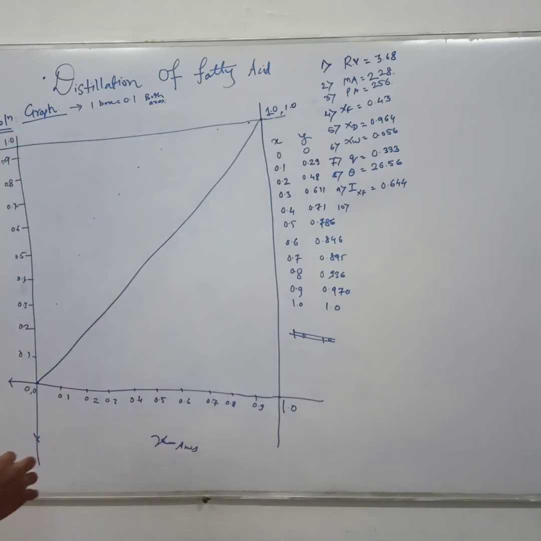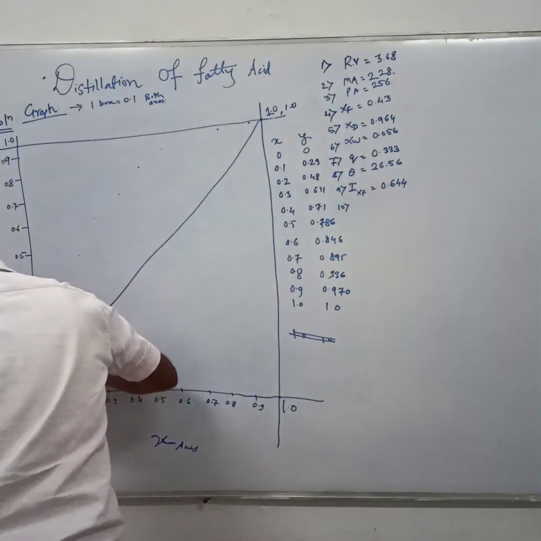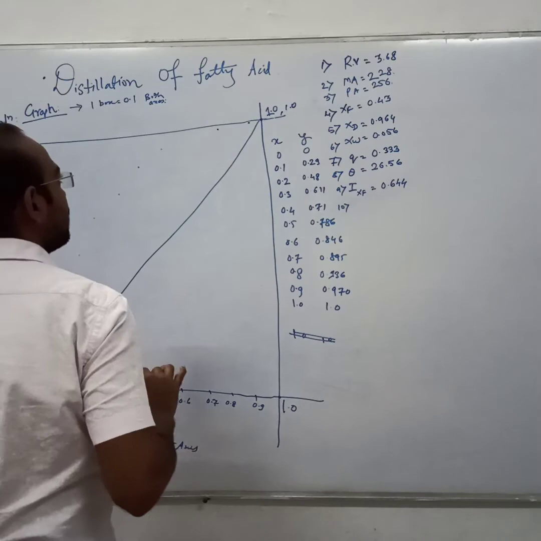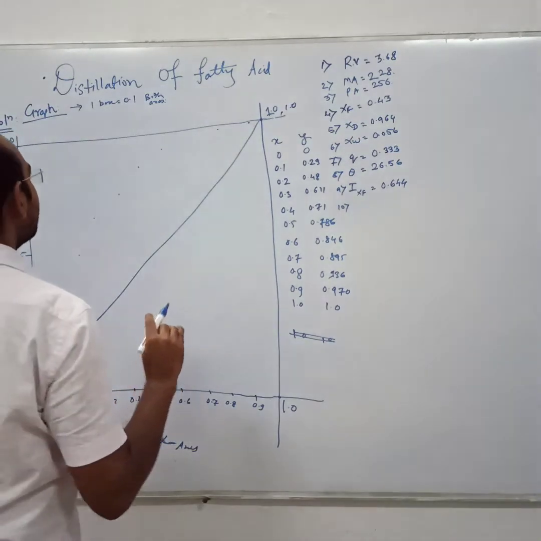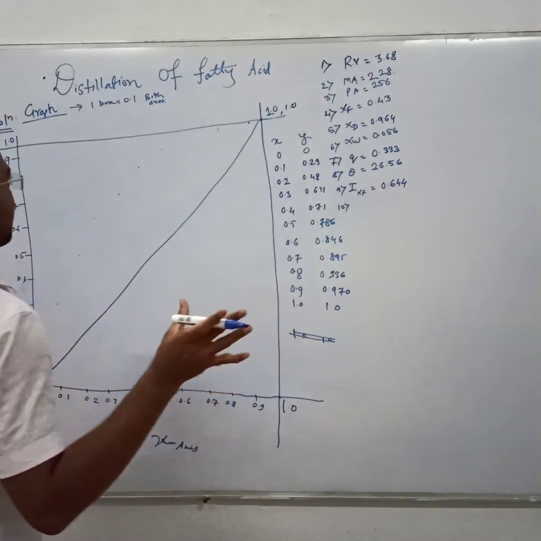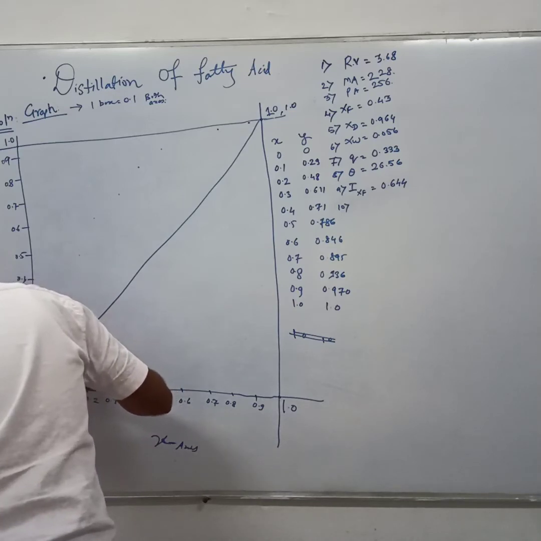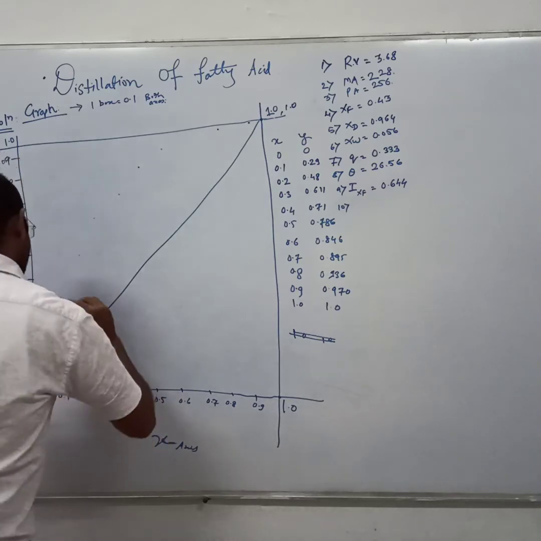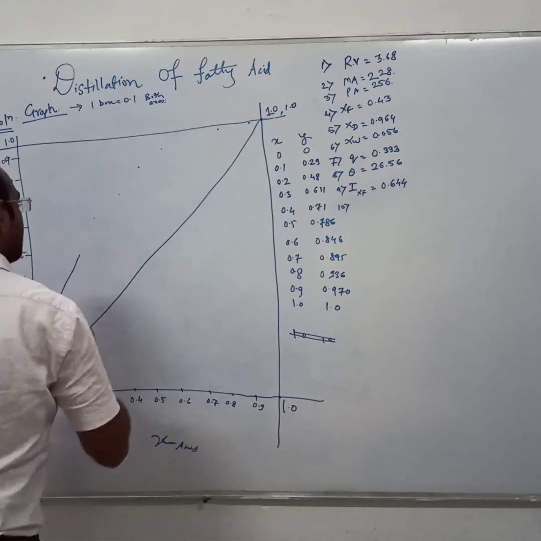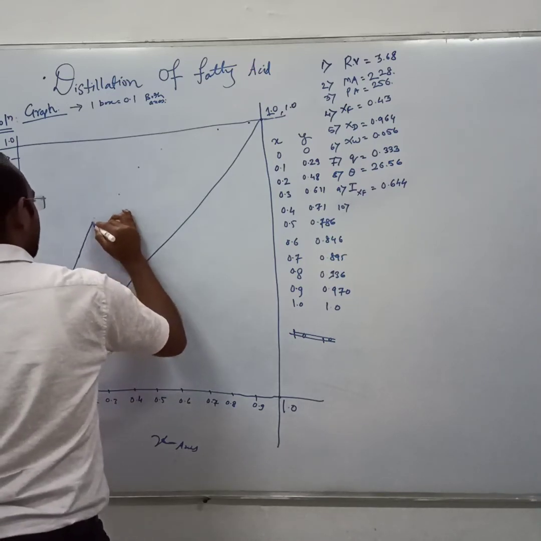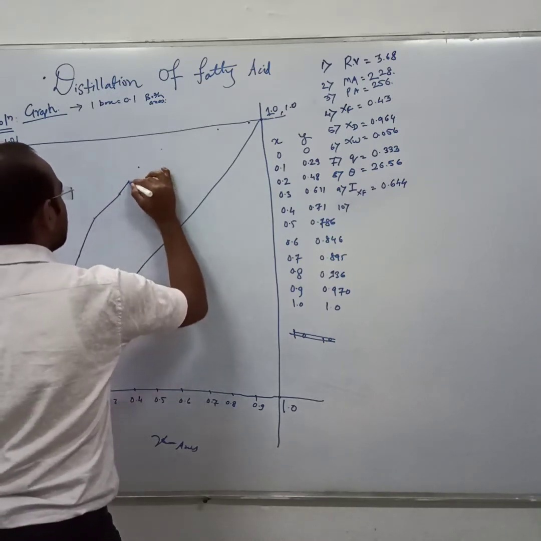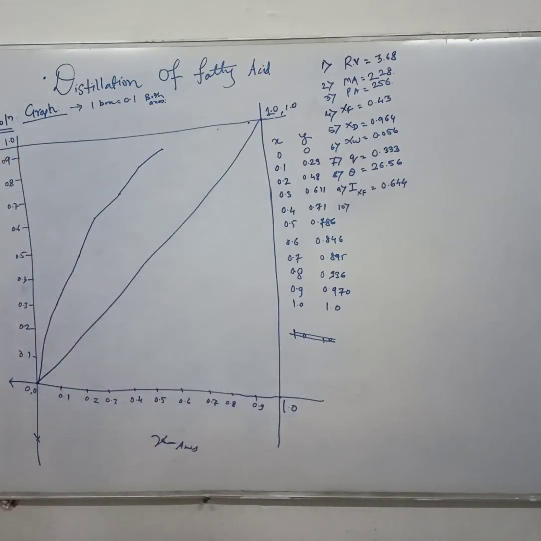So we can draw one curve by using all these points. It's difficult for me to draw a clear, proper curve, but with graph paper, it will be easier for everyone to draw a proper curve. So this is our first point, this is our second point, third and fourth, 5 and 6.